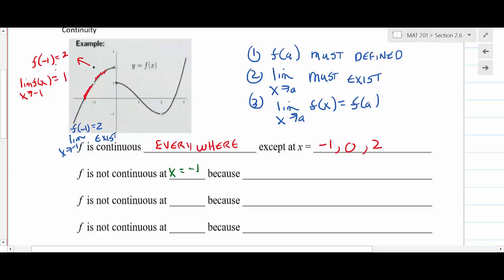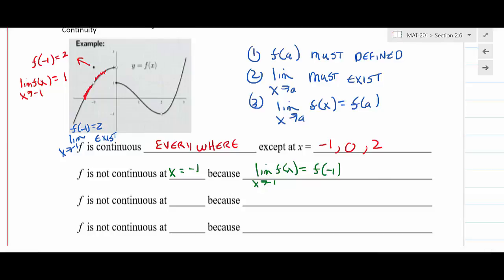So those things would not be the same. So what we would conclude is the limit as x approaches -1 of f of x is not going to be the same as f of -1. They're both different.